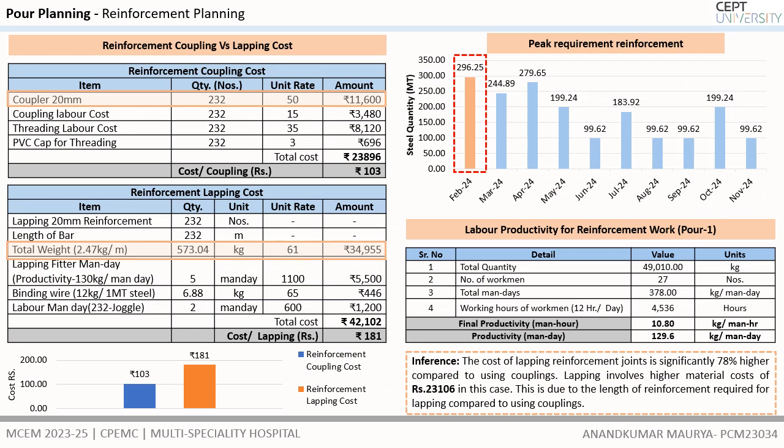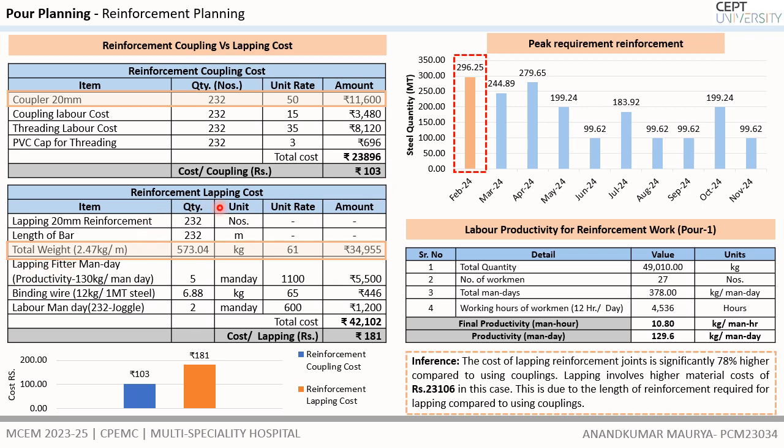Further in reinforcement planning, we have done a comparison analysis of coupling versus lapping cost for the 232 joints of 20 mm bars in pour 1 of the ground floor roof slab. For coupling cost, we have considered the material cost of the coupler, coupling labor cost, threading labor cost, and PVC cap for the threading, which comes to a total of 23,896, at 103 rupees per joint.